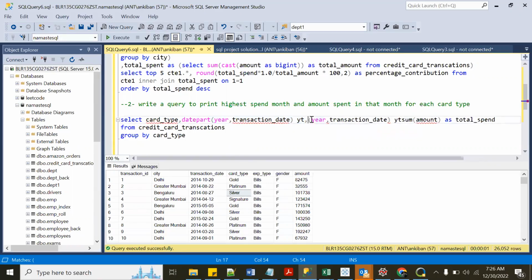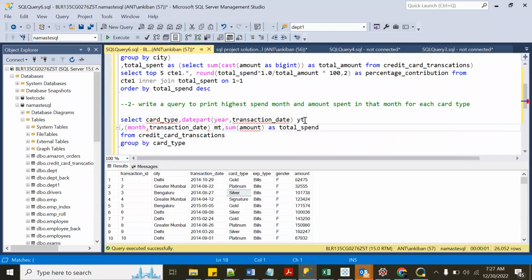And I need month, and transaction date, this is my month of transaction, right? Okay. Why is it giving error? Date part. Okay. Fine. Okay. So I will use this in group by as well, right?